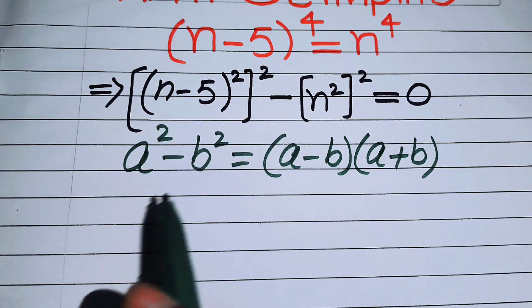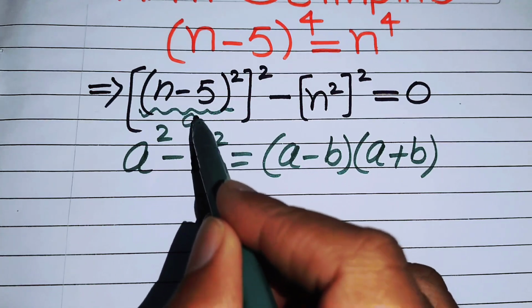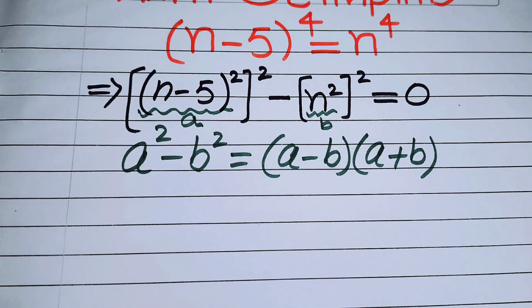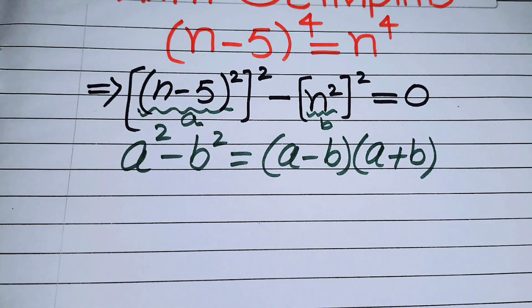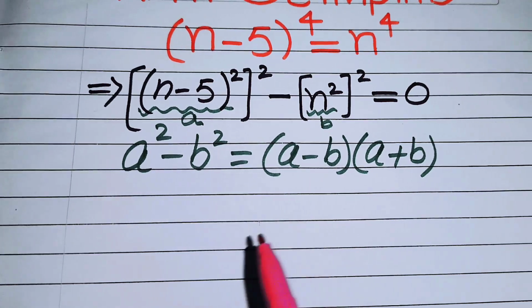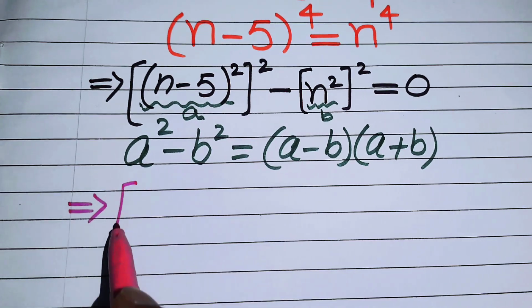So here we use this identity, and you see this is the value of a and this is the value of b. Now we put the values of a and b in this formula and you will obtain its output in this form.